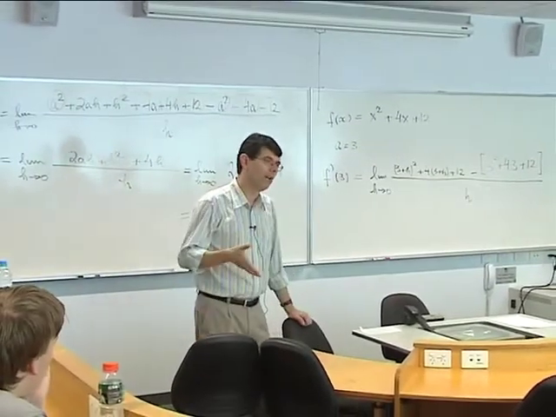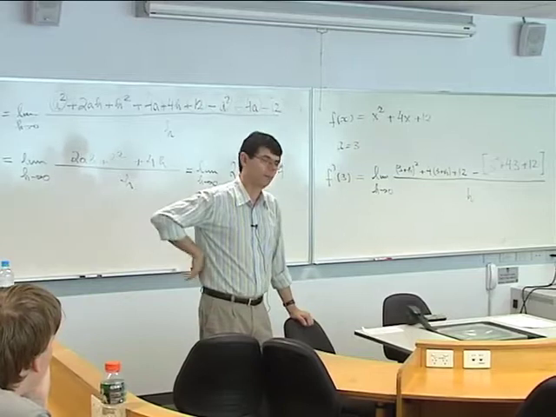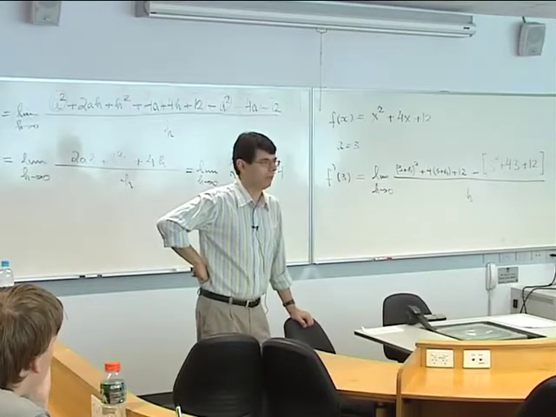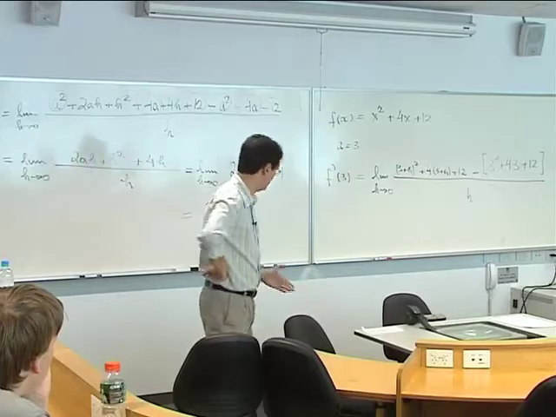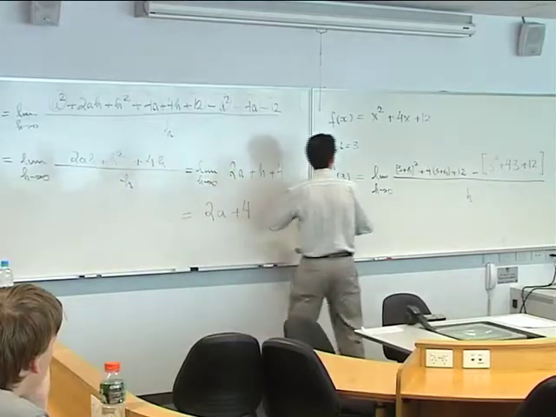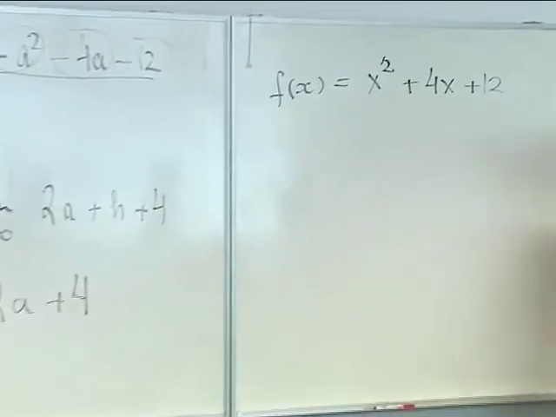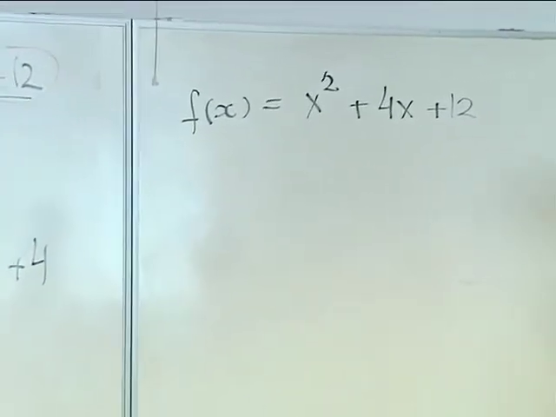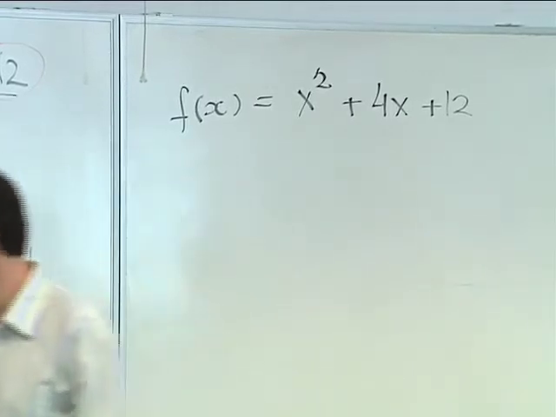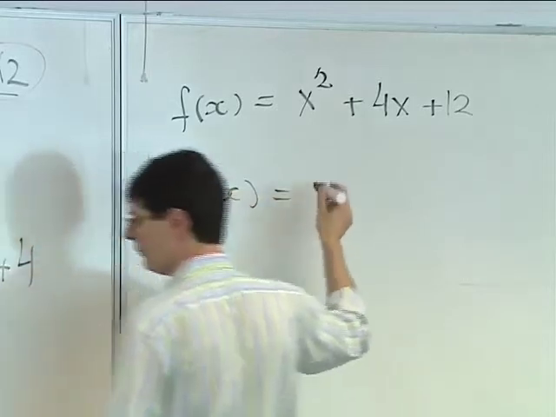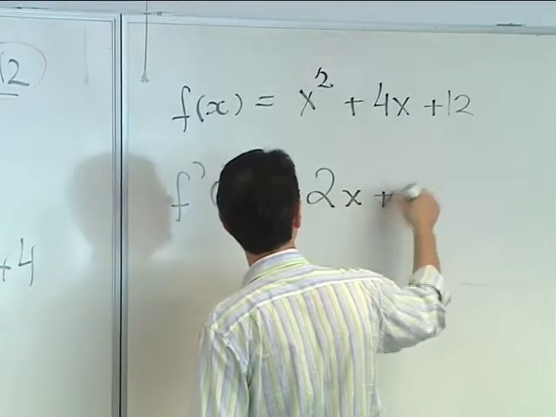If we're going to use A, why don't you just use x? Why come up with another letter that you don't need? So what we do is the following. If f of x is that, then f prime of x is 2x plus 4.